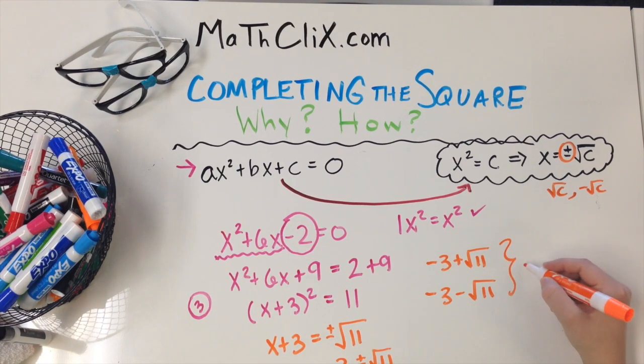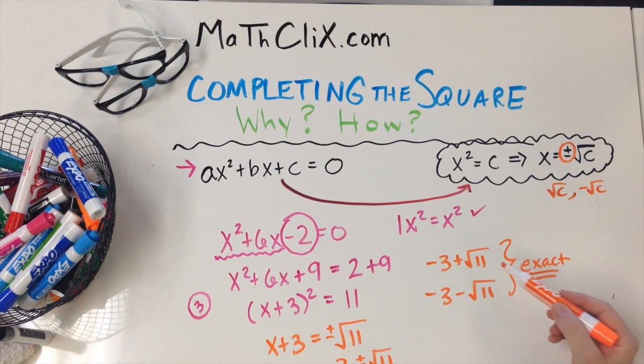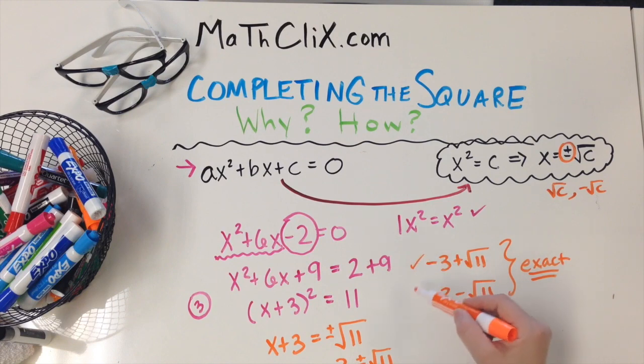These are called exact answers because they have a radical which represents all of the decimal places that the square root of 11 contains. If you want to know the approximate value, you can put this in your calculator and that in your calculator. And these are just two numbers.